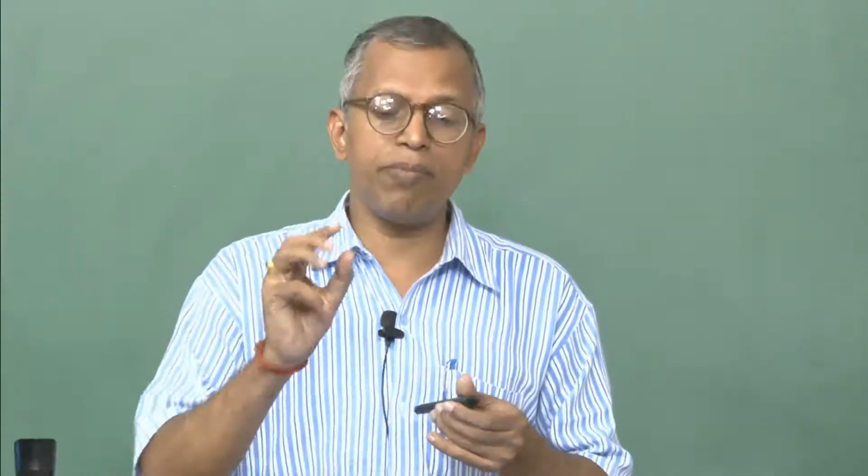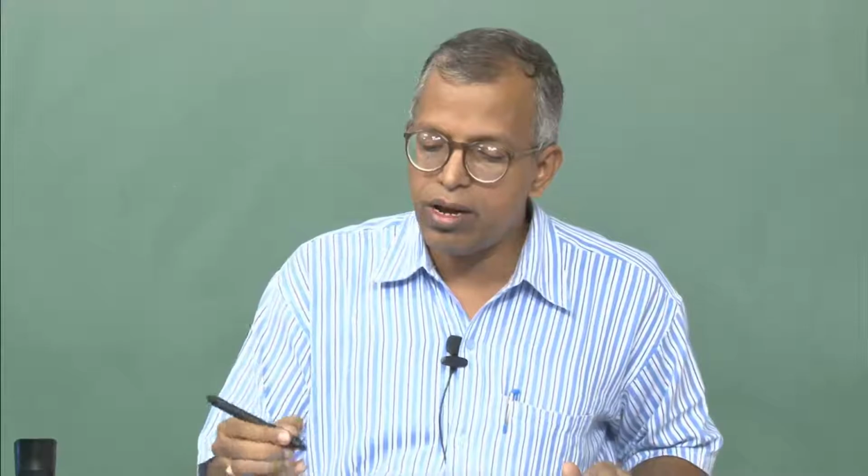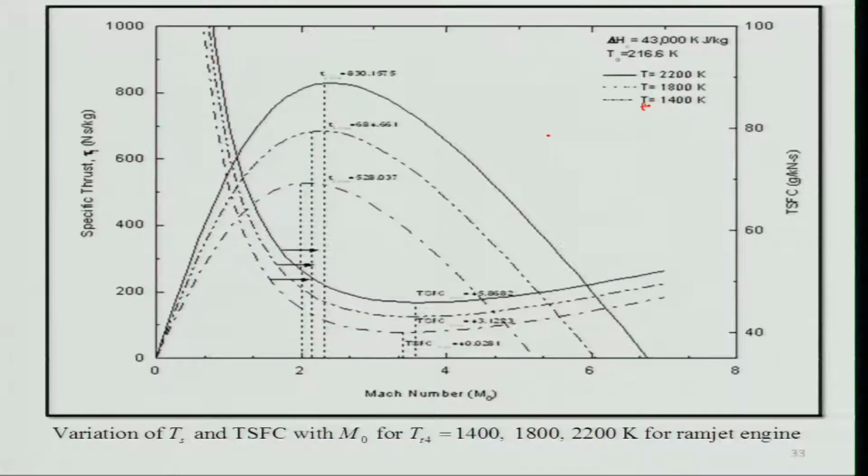But here, as I am increasing the flight Mach number, your thrust will be decreasing. For example, if you look at M9 V9 minus M0 V0, as I increase the Mach number, M0 V0 becomes higher as compared to M9 V9, because this is limited by how much heat you can add.